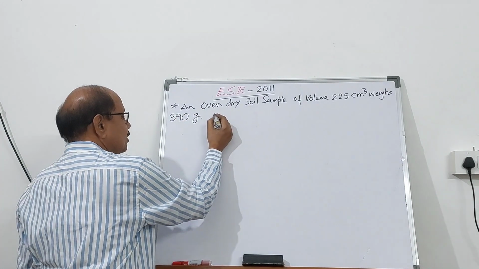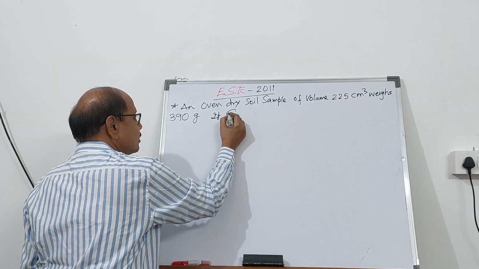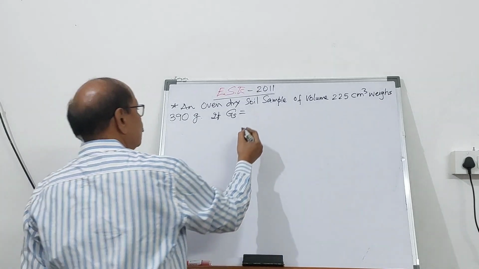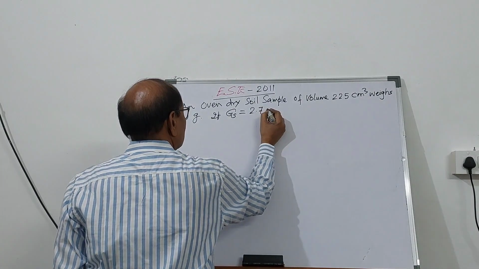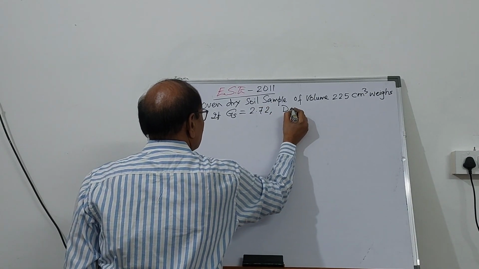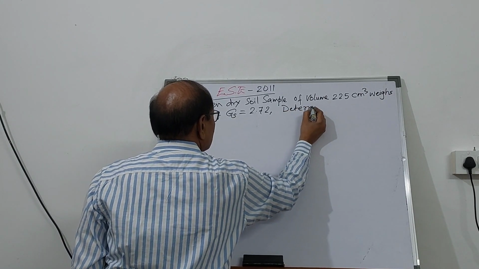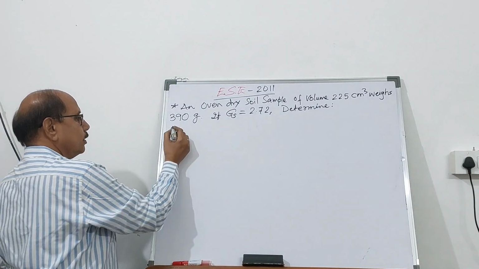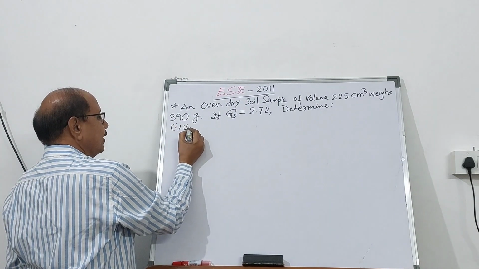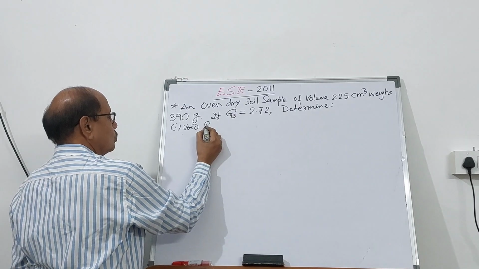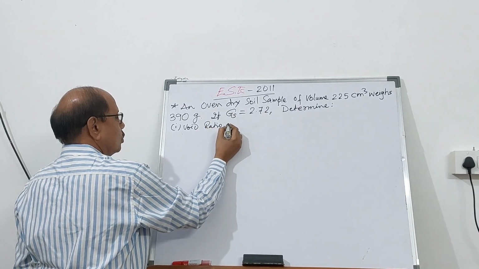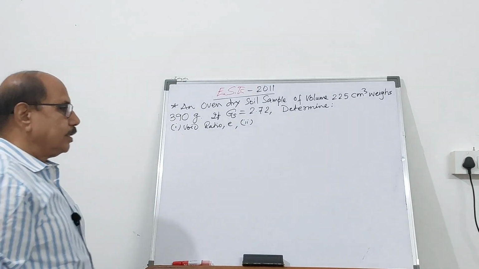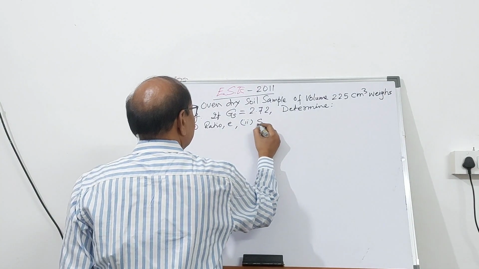If the specific gravity of the soil solids is equal to 2.72, determine number 1, the void ratio, and the shrinkage limit.